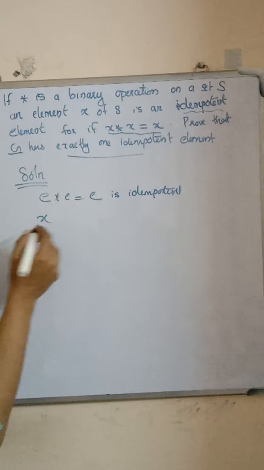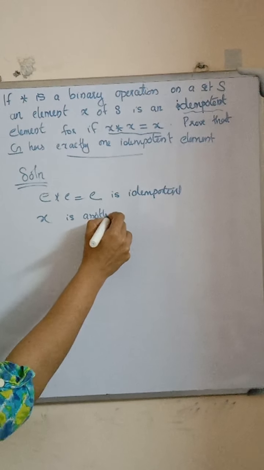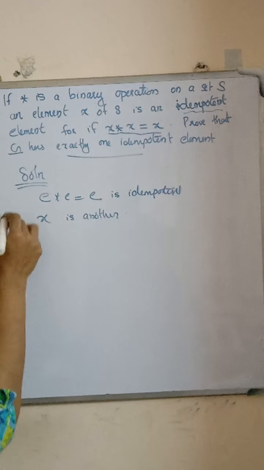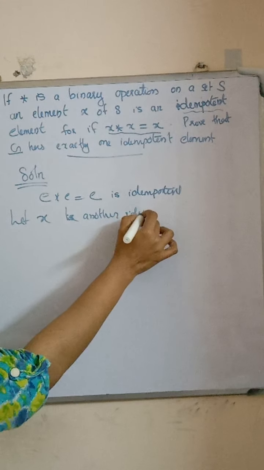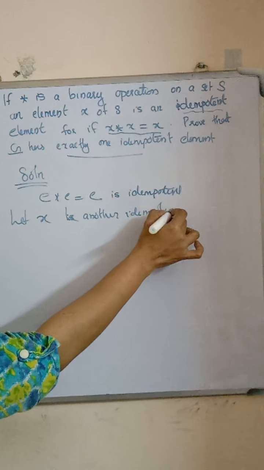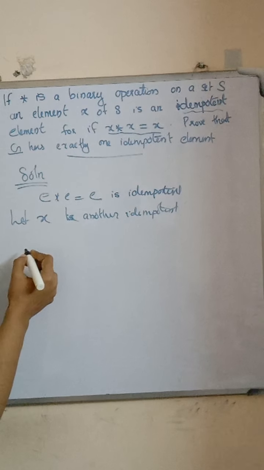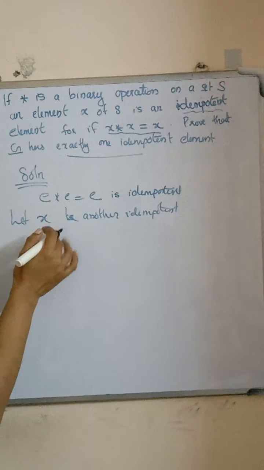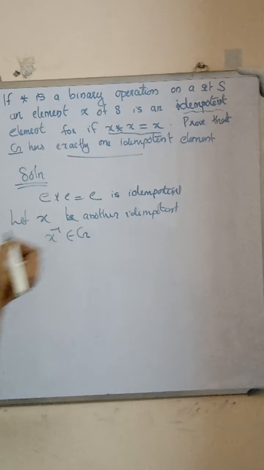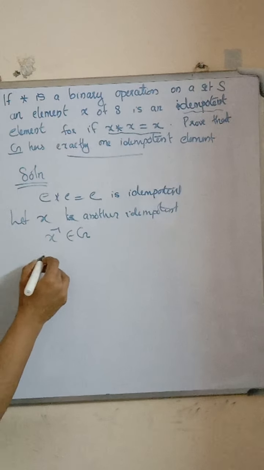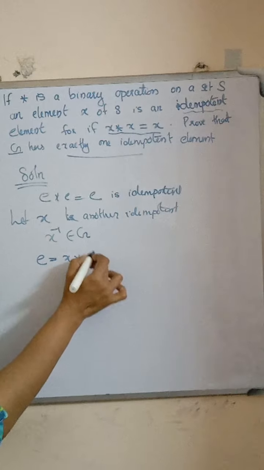Let X be another idempotent. G is a group, therefore X inverse exists and X inverse belongs to G. Then identity element E is equal to X star X inverse.